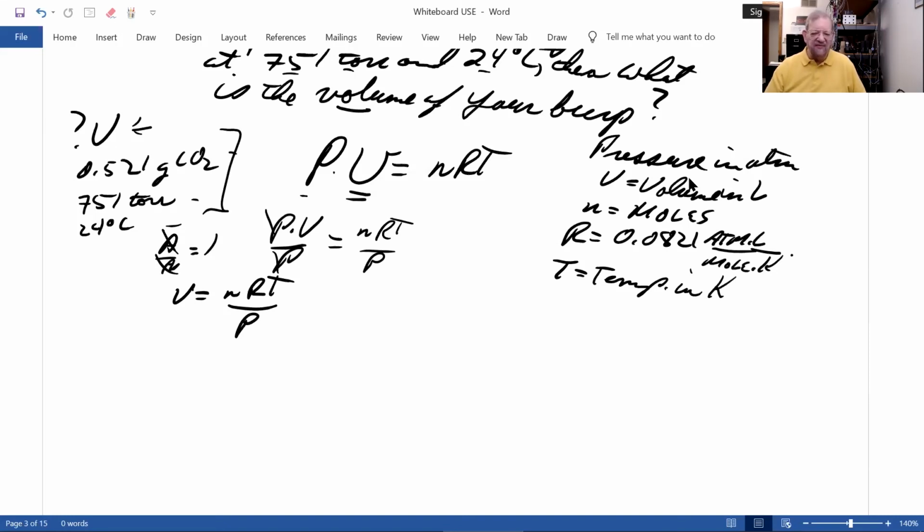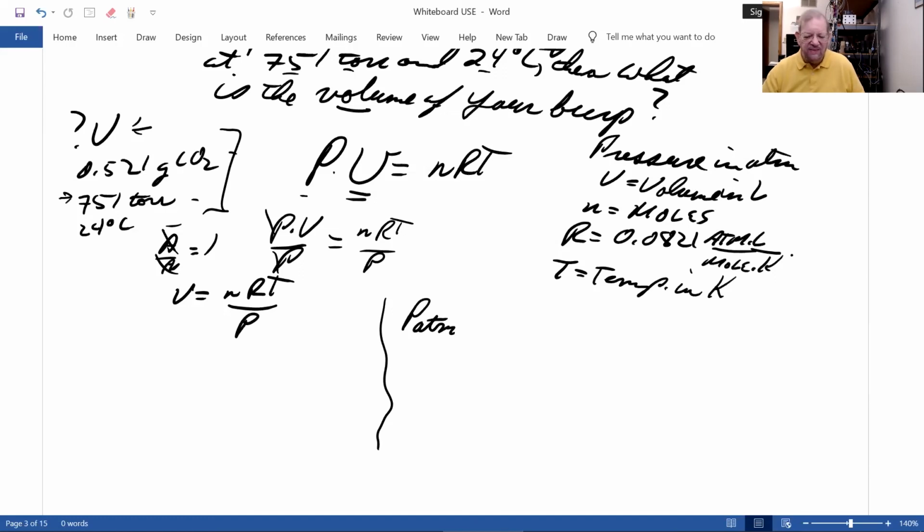Well, I can't use these numbers. Why? Because they have to be in the right units. So let's start with pressure. Pressure needs to be in atmospheres.